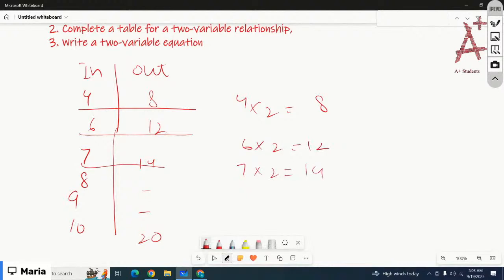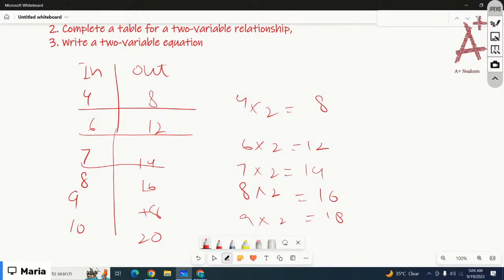That means you multiply each input value by 2 to get the output value. Then 8 times 2 is 16, and 9 times 2 is 18. So the missing values are 16 and 18, right?